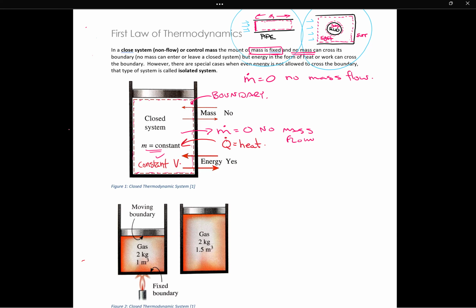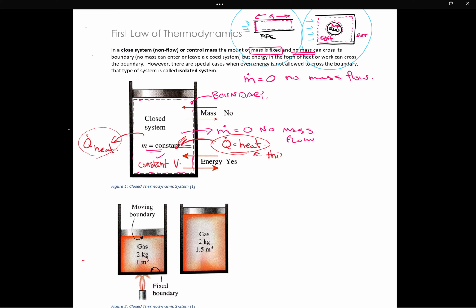Heat energy can go in at a rate. That's why there's a dot. Heat energy can come out. Q energy can come out. So here, heat is acting on the system by the surroundings. Here, energy is acting on the surroundings by the system.